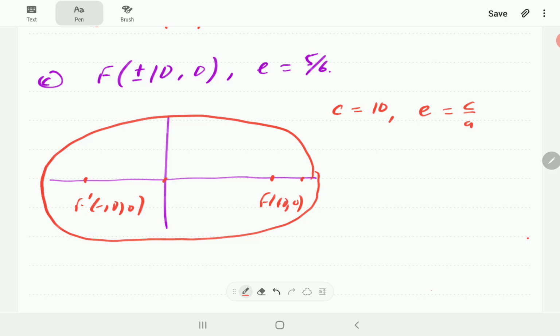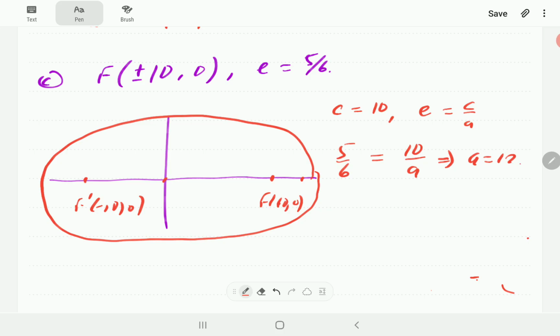Then we know that the eccentricity is c over a. So from here we can find a. Since the eccentricity is 5 over 6 and c is 10, it means a is going to be 60 over 5, so that's 12.